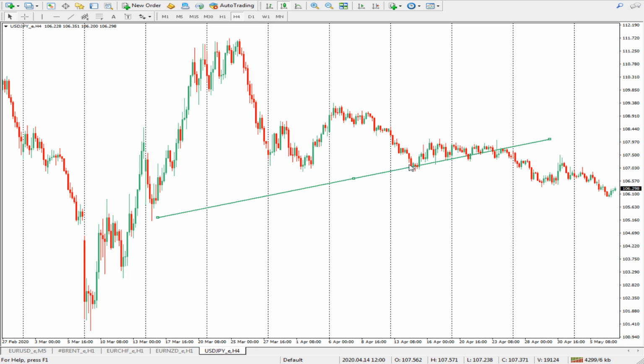So just look at how perfect this support was. It was a support which ran all the way from this point to a support, then there was a break, but so far the price has not been able to come back to it. So this is still a sell, but only when the price pulls back to this point.